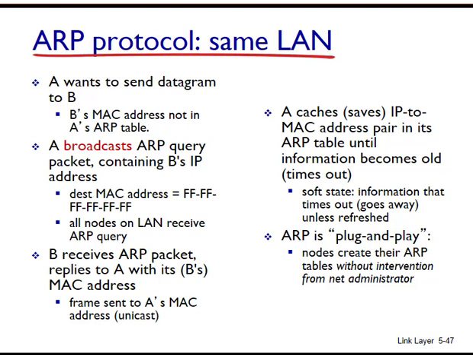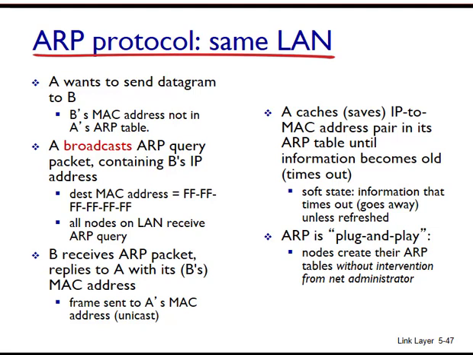The frame containing the ARP query is received by all the other adapters on the subnet, and each adapter passes that ARP packet within the frame up to its ARP module. Each of those ARP modules checks to see if its IP address matches the destination IP address of the ARP packet.